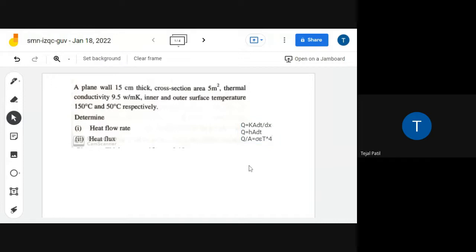So these are the three equations for conduction, convection and radiation.